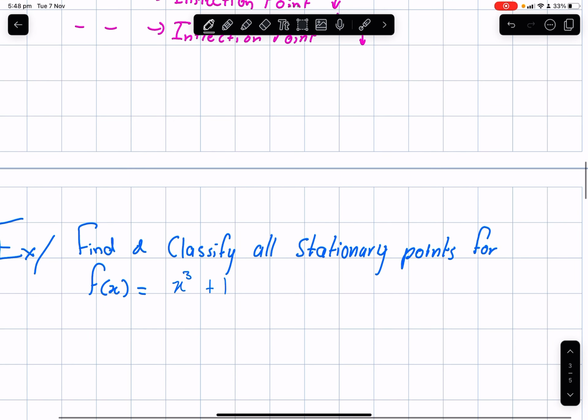Find and classify all stationary points for f of x equals x cubed plus 1. We'll leave that function there. The process is exactly the same as the last video. We're just adding a little step on at the end.